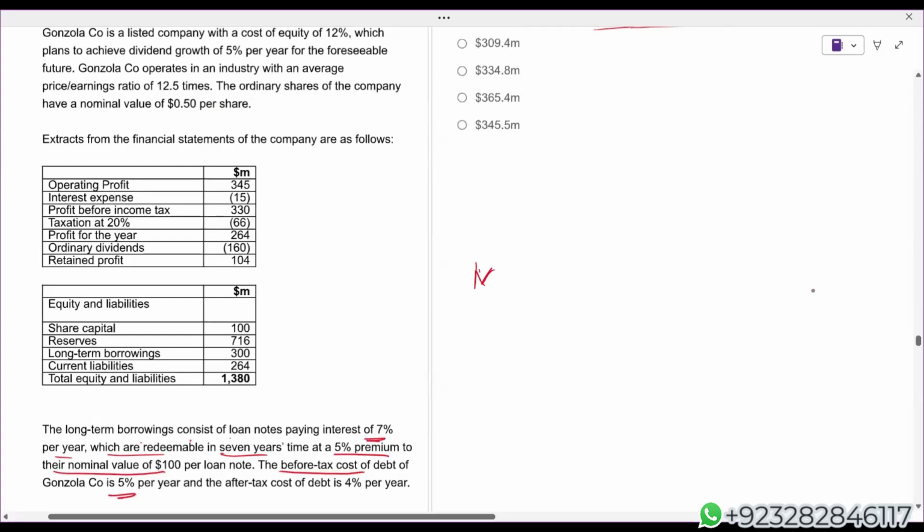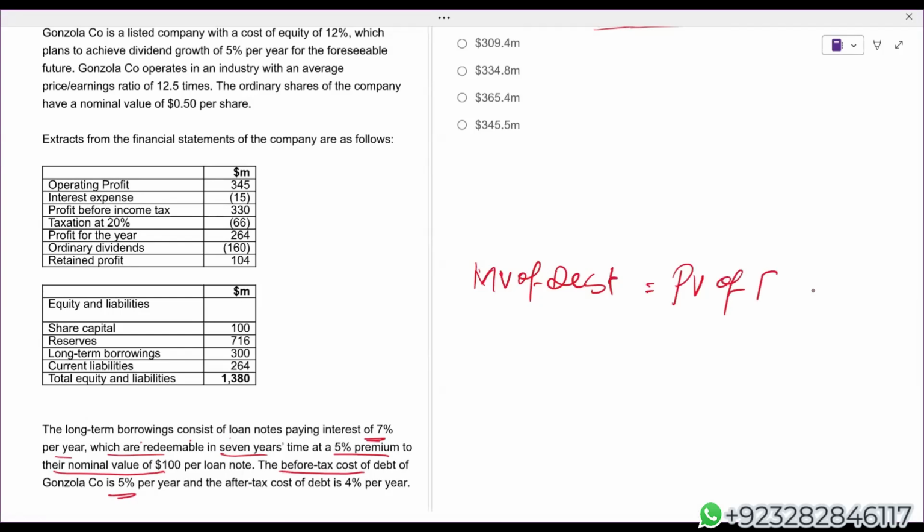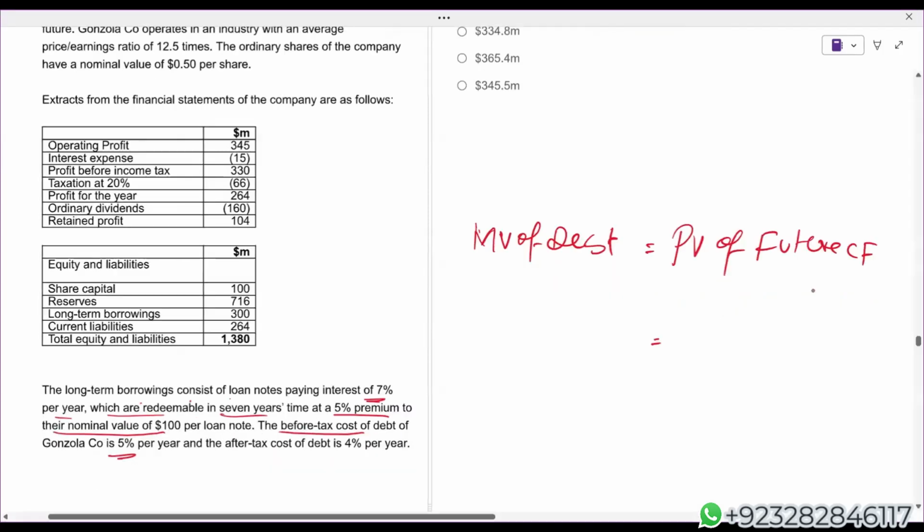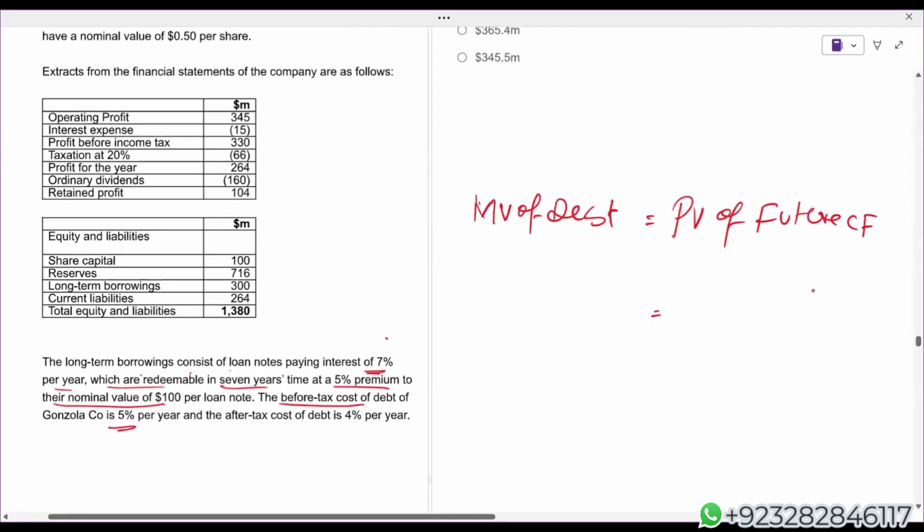Actually, market value of debt is equal to present value of future cash flows. Logically, maturity period is 7 years, so cash interest will be 7 every year.